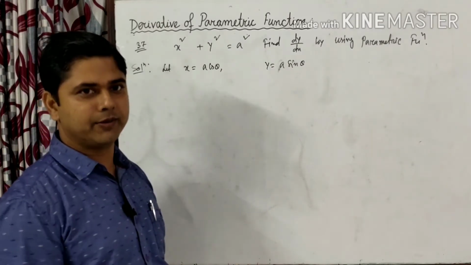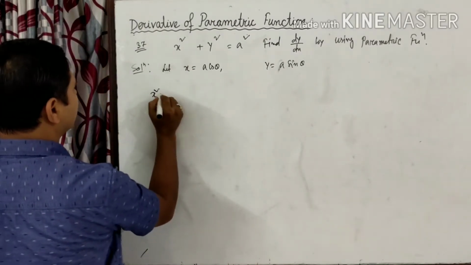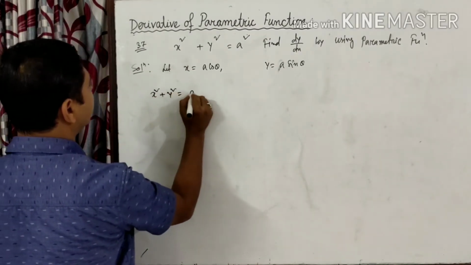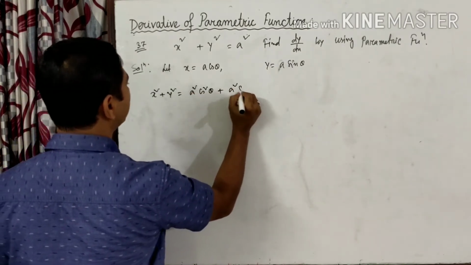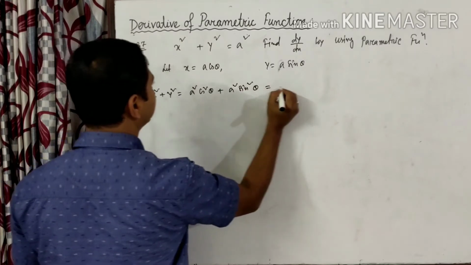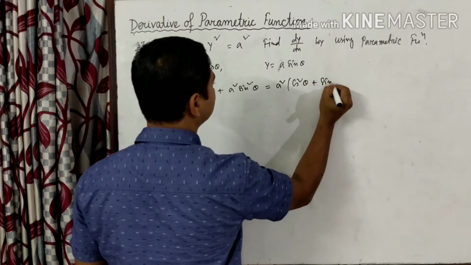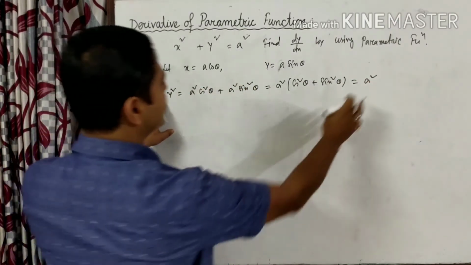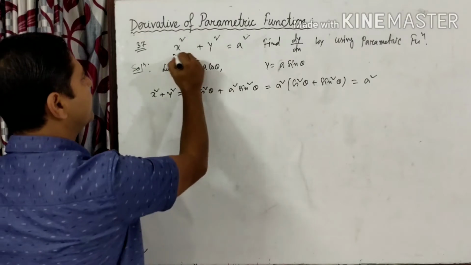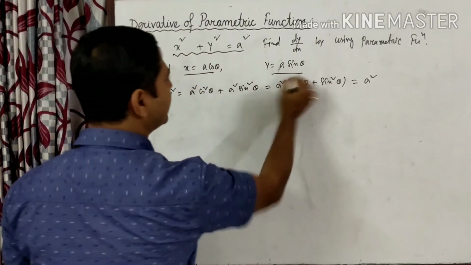You have to remember this standard form. Let me show you by putting it in. Put x square plus y square: a square cos square theta plus a square sin square theta, which is a square times cos square theta plus sin square theta, ultimately a square. So x square plus y square equal to a square, which you already have.